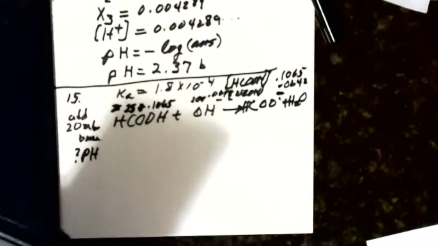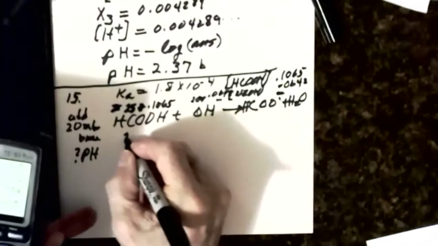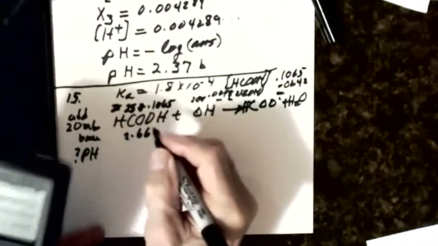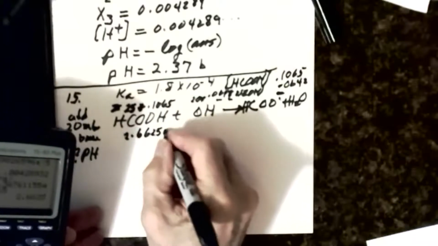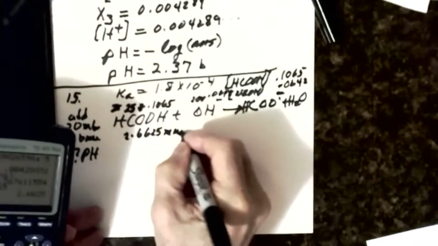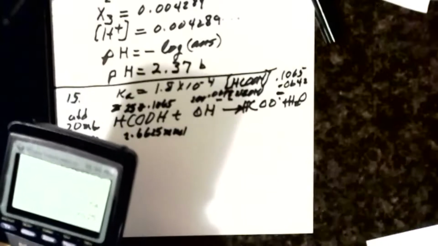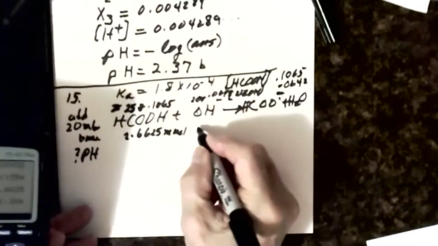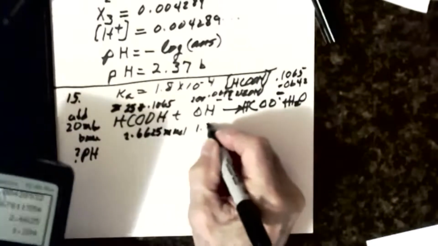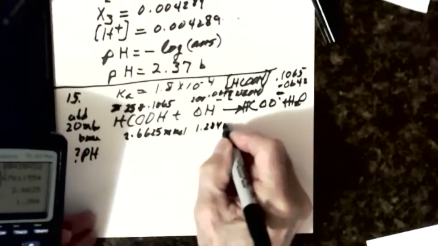So let's do it. 25 times 0.1065. I had 2.6625 millimoles of this acid before it reacted. I had 20 milliliters, so it's 20 times the molarity, 0.0642. I'm going to add to that acid 1.284 millimoles of base.